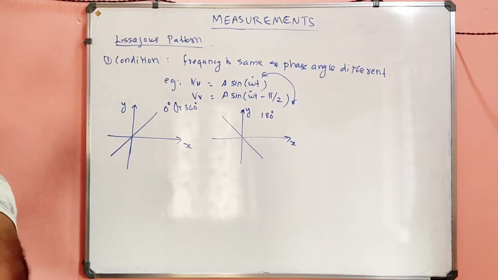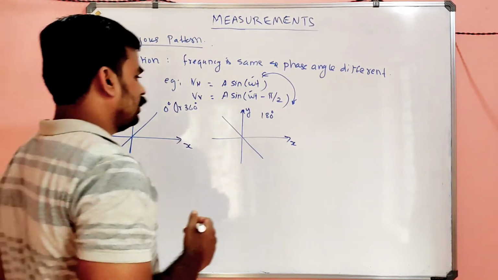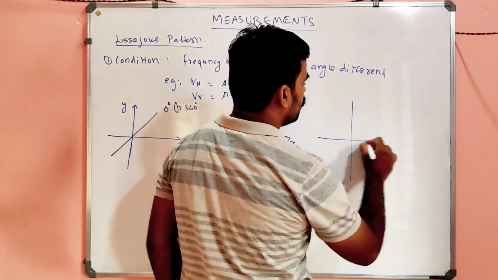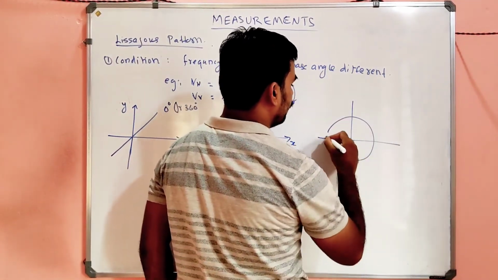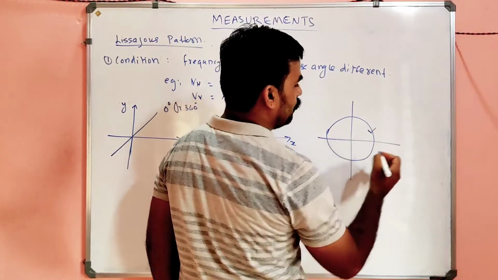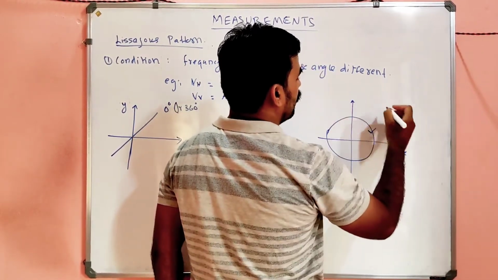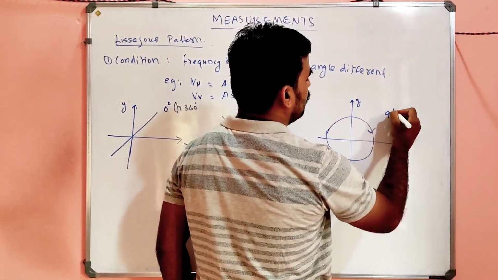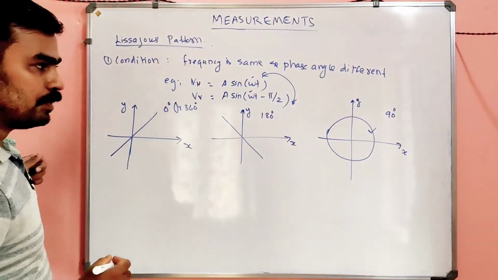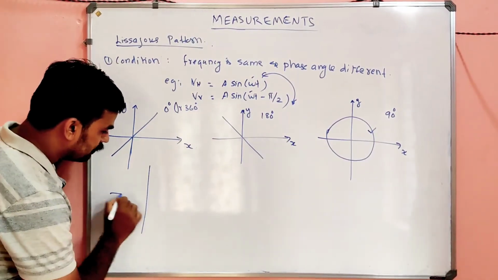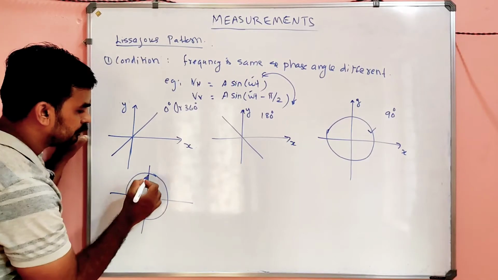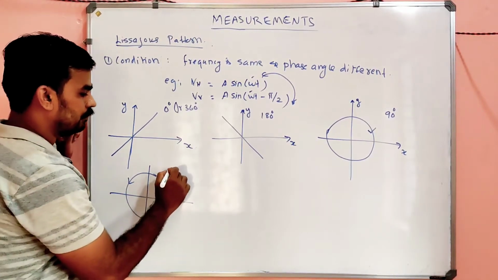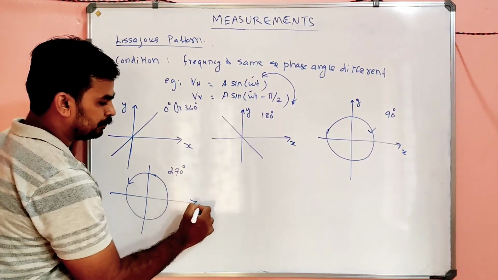Next, suppose you are seeing it this way, and the arrow is also there like this, this is for 90 degree. Suppose you are seeing it anti-clockwise, this is for 270 degree.